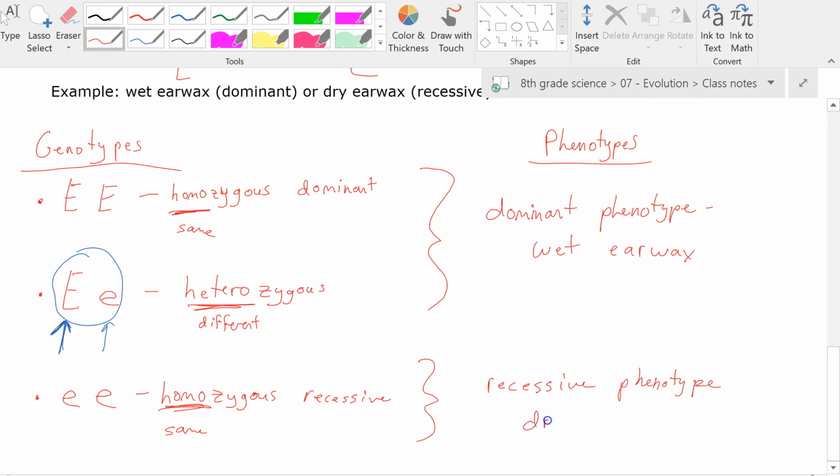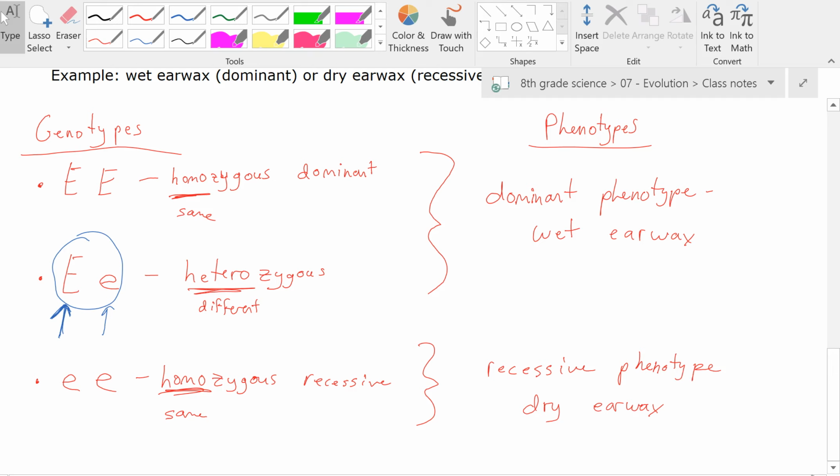And so this will be dry earwax. So, out of those three genotypes, only two possible phenotypes, and the dominant phenotype is going to be more common because there's two different ways to have the dominant phenotype. We can have two big E's or one big E and one little e. And it's only if we have two little e's that we get the recessive version.